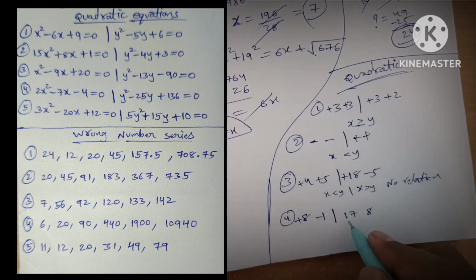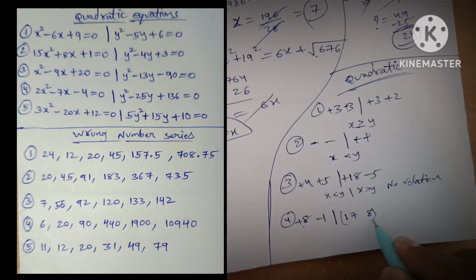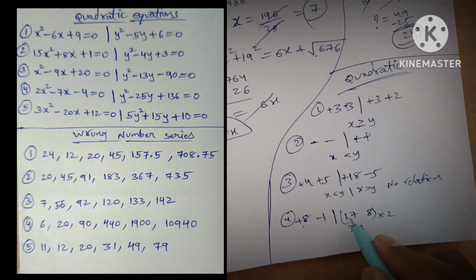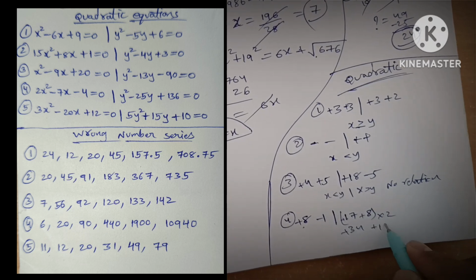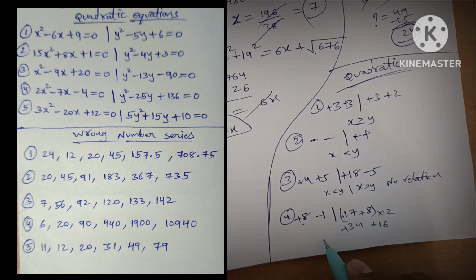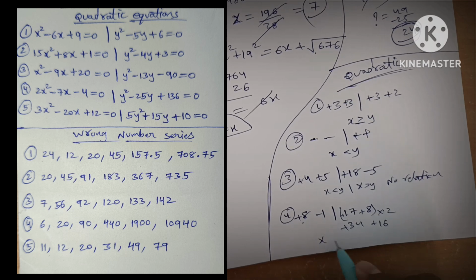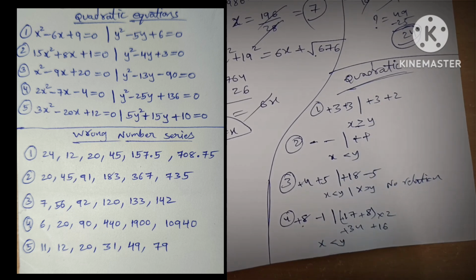Here the base is 2, so we must multiply this with 2. This is 34 and plus 34 plus 16. By comparing these two, we get x lesser than y.